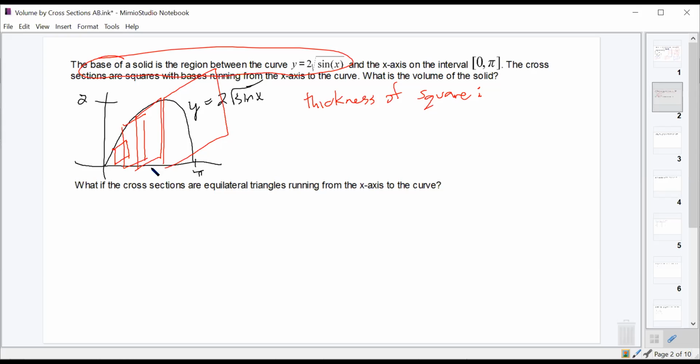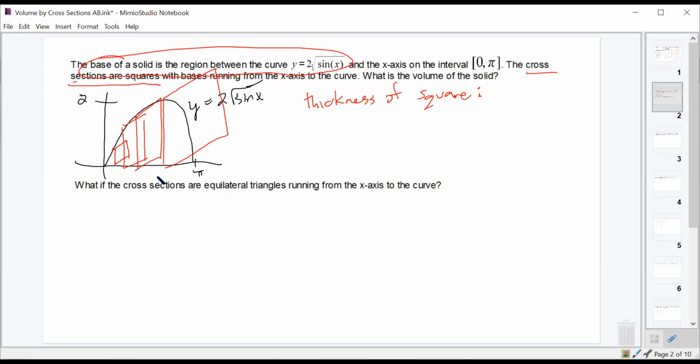Perpendicular to the x-axis, vertically, yes. Is that how you always cut it? No, the cross sections are squares with bases running from the x-axis to the curve. That's how we know that the base of this square goes from the x-axis to the curve. And so then it's going to come out that same amount and up this same amount across the top.